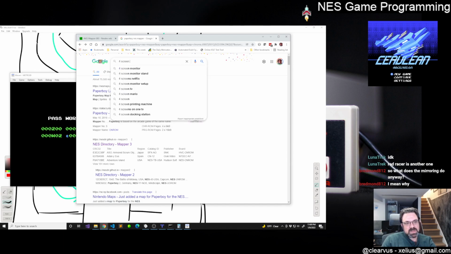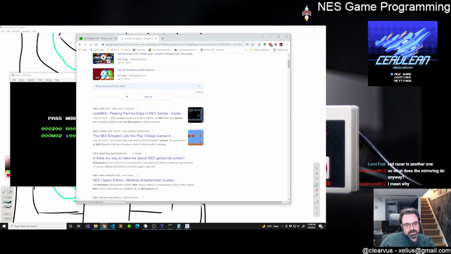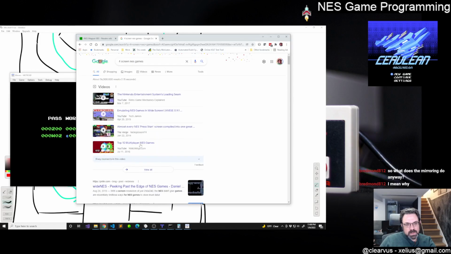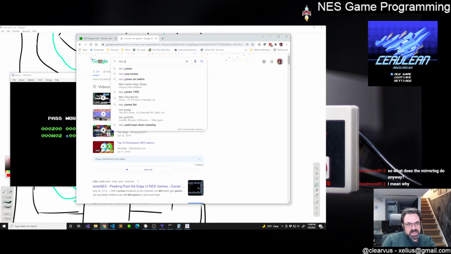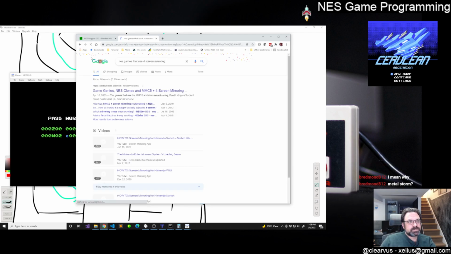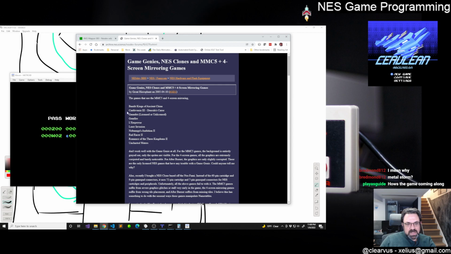Let's see, NES games that use 4-screen mirroring. I don't know if Metal Storm does. I don't think it does, but we'll see. Castlevania 3... Really?